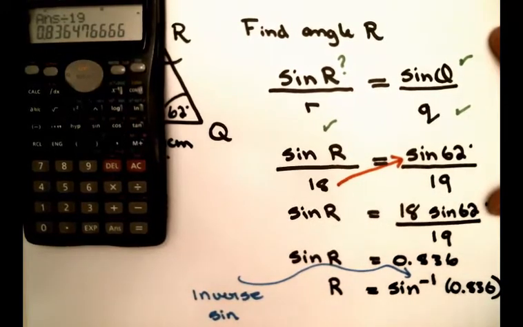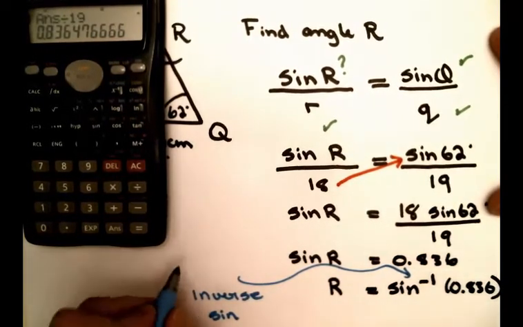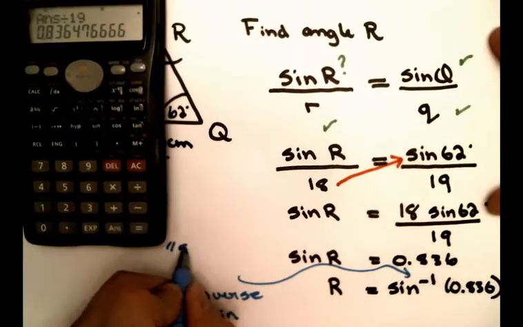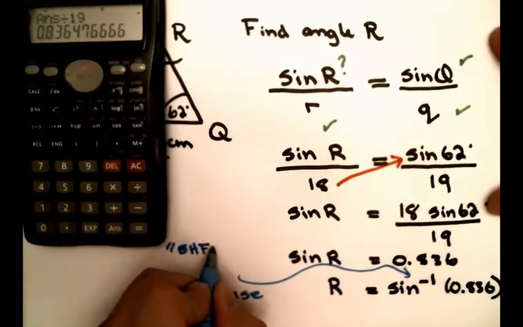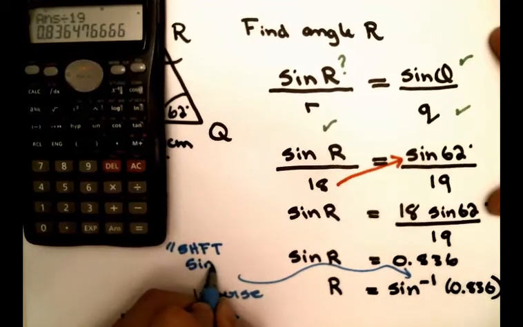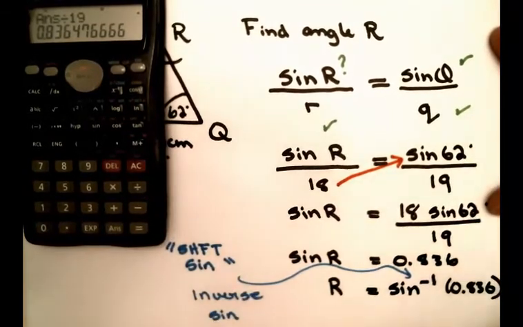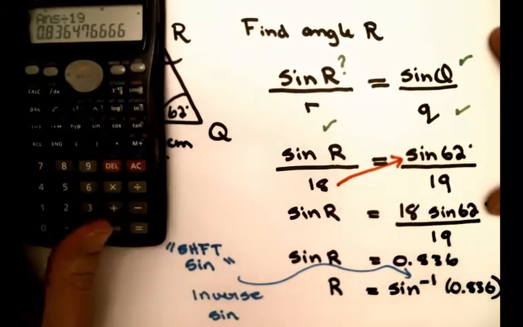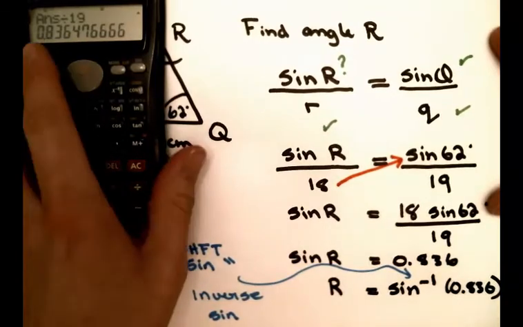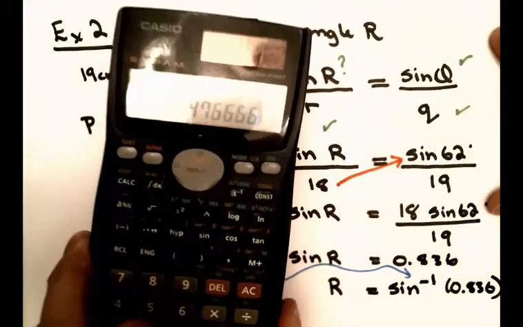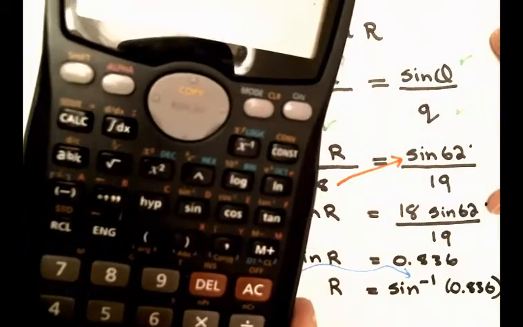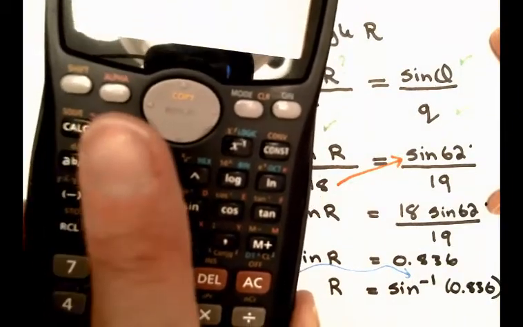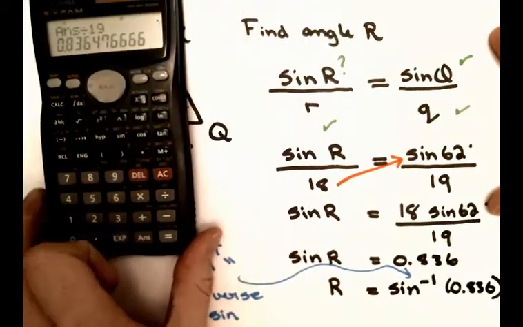On your calculator, you'll have to hit shift sine. Some calculators, you actually have to hit the second button. It depends on your calculator. For mine, I have a shift button.